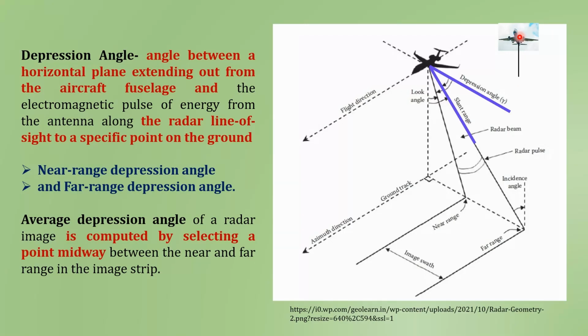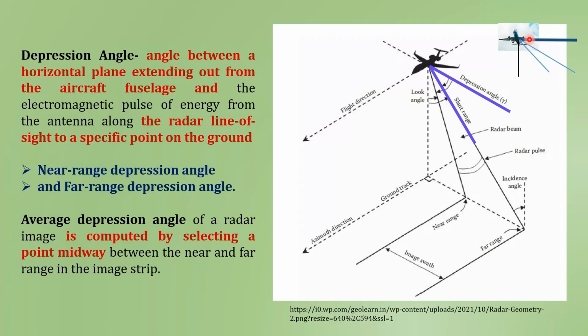The system placed on this aircraft is illuminating the left side of its terrain, so this will be the range or look direction. The radar beam transmitted from this system towards the terrain falls in this much area. The part of the terrain near to the aircraft is near range and this is far range.